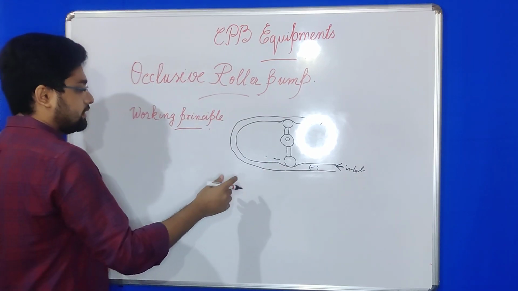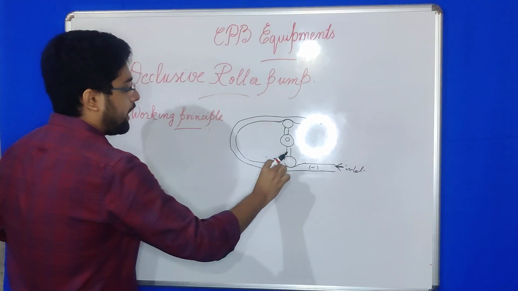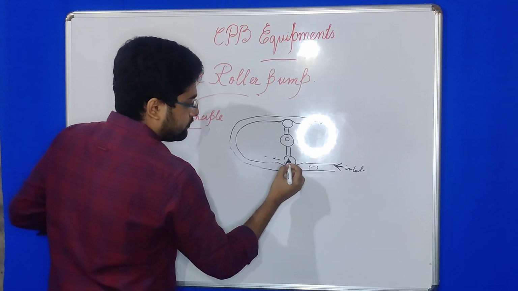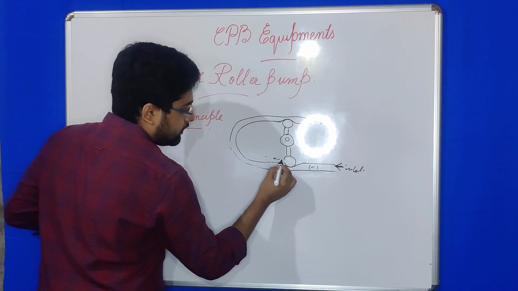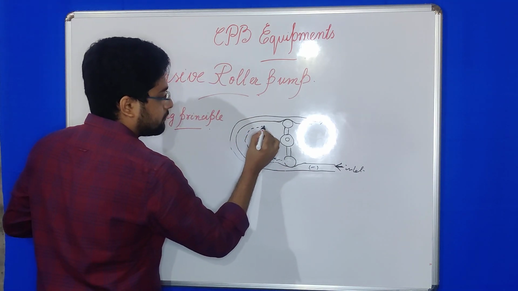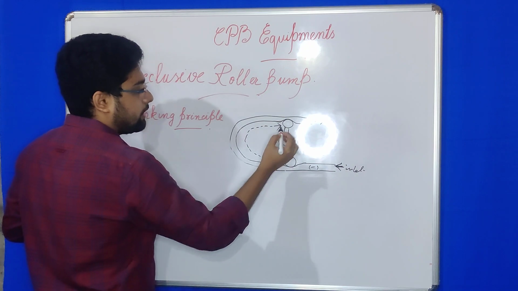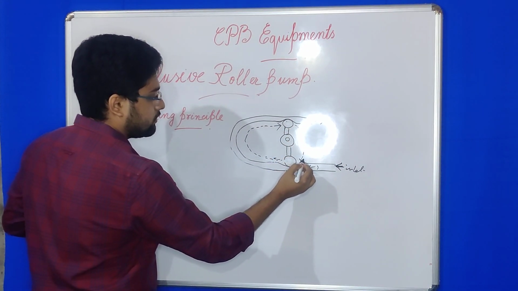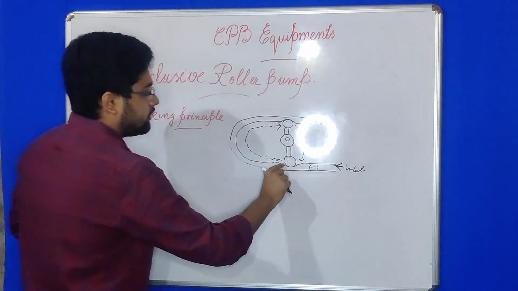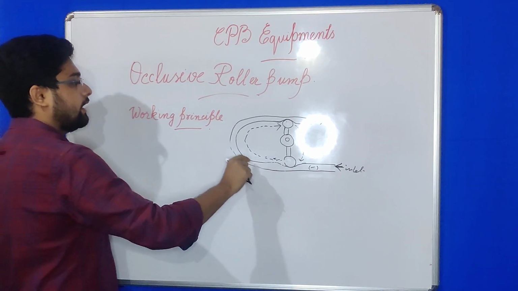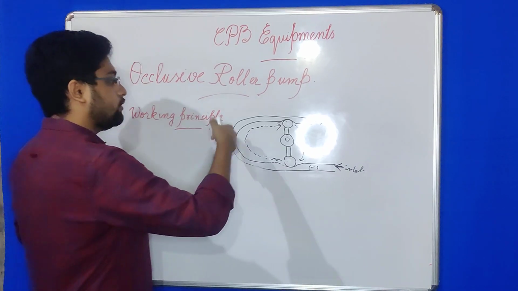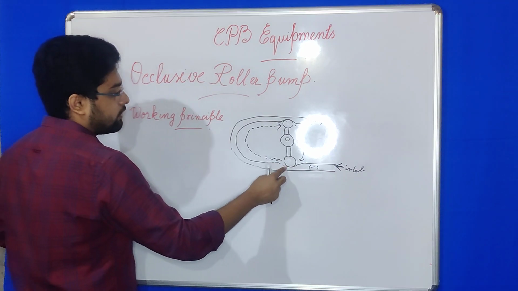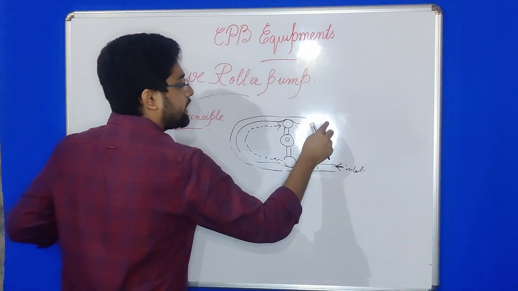That's why as it displaces the blood column through the tubing, so assume when this rotates and comes in that position, and this comes to here, this whole blood column that has entered the housing of the pump is displaced from here to the exit point.